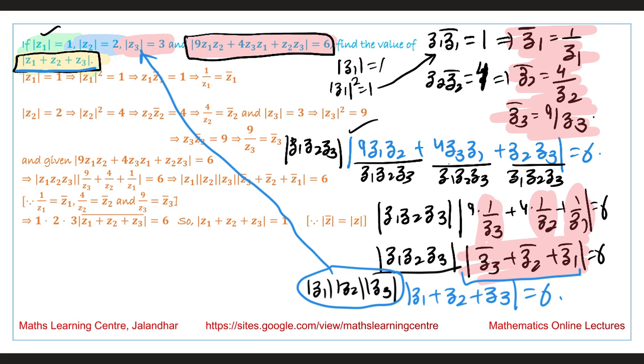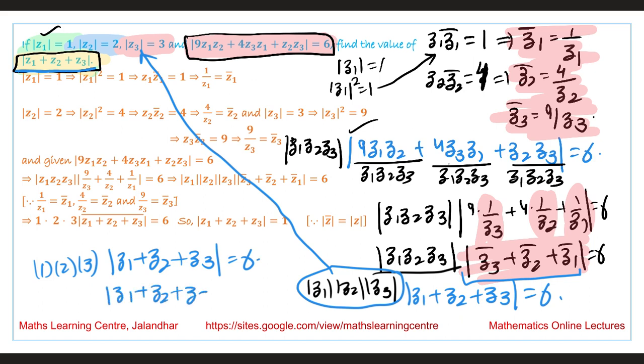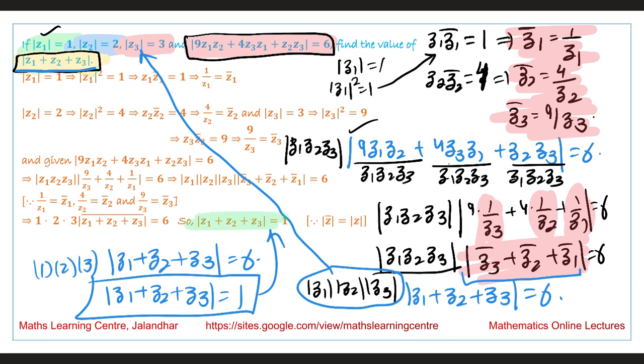So we are writing that 1 into 2 into 3 into mod of z1 plus z2 plus z3 is equal to 6. This implies that mod of z1 plus z2 plus z3 is equal to 1. So this is the required value. We can see that the value of this term is equal to 1.